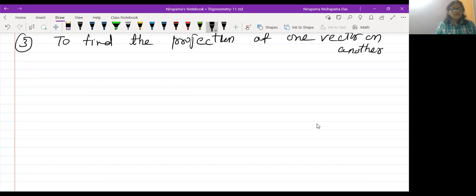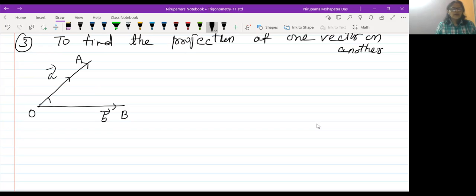Let me take this as the B vector, and this is the A vector. I can take O here, for example. Here O doesn't mean the origin, it is any point. This vector is the A vector.